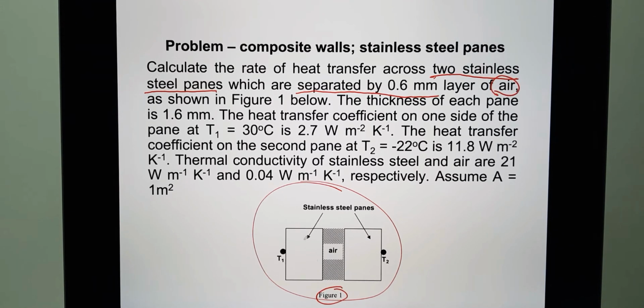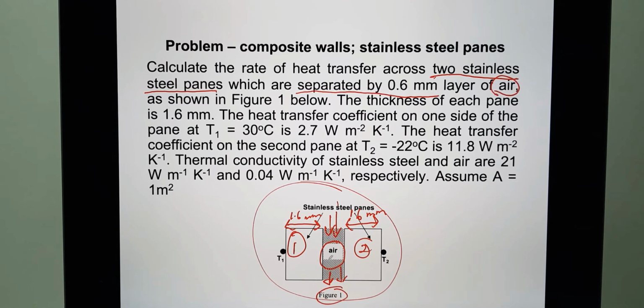So let's say this one is stainless steel 1, this one is stainless steel 2, and this is air. Okay, air is passing through this system. Alright, both panes have similar thickness. Their thickness is 1.6 mm, and this one also is 1.6 mm. They have the same thickness.